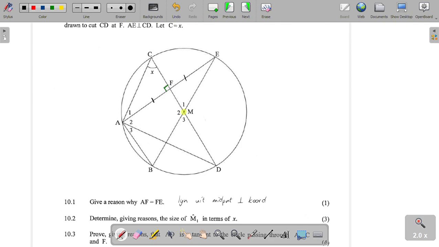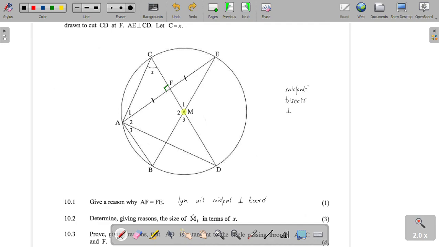So it's always 3 of them. It's from the midpoint, bisects, so halveer, en loodreg. So we have to prove this, so this and this will be your reason. As jy moes bewys het dat hy loodreg is, dan sou jy sê lyn uit middelpunt halveer koord.